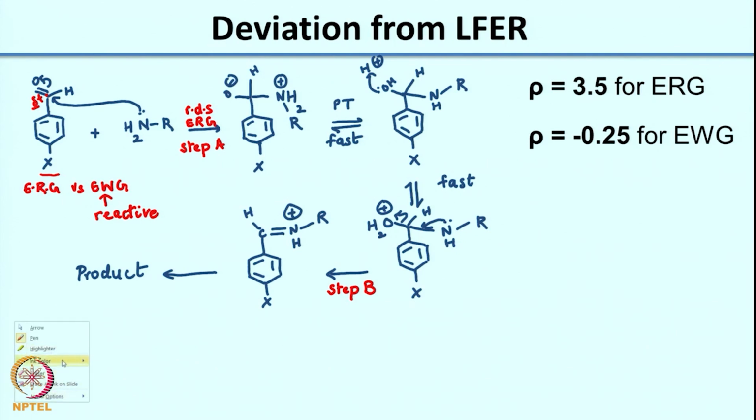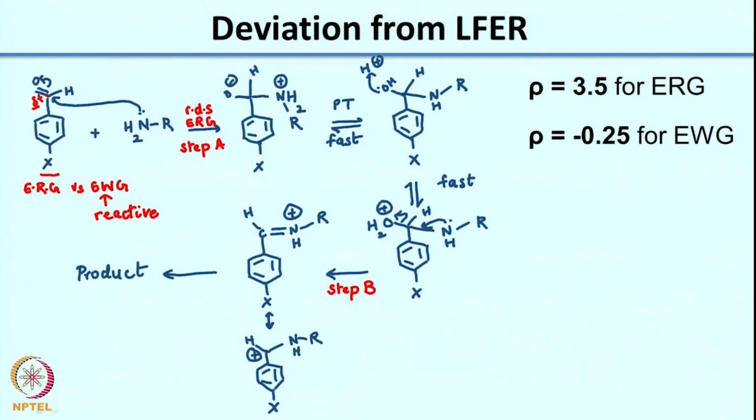So, if I were to write the resonance structure for this, it would be a carbocation which is now in conjugation with the ring.